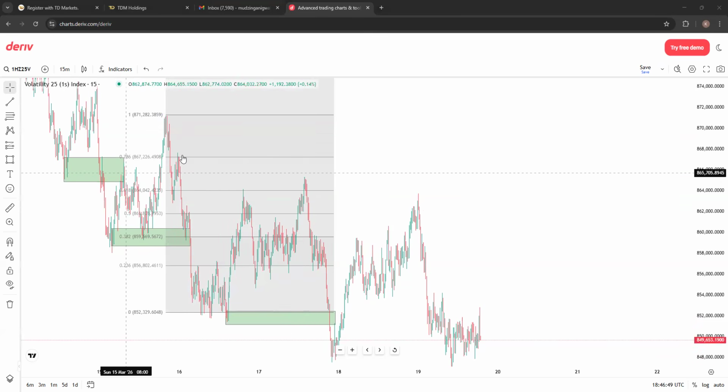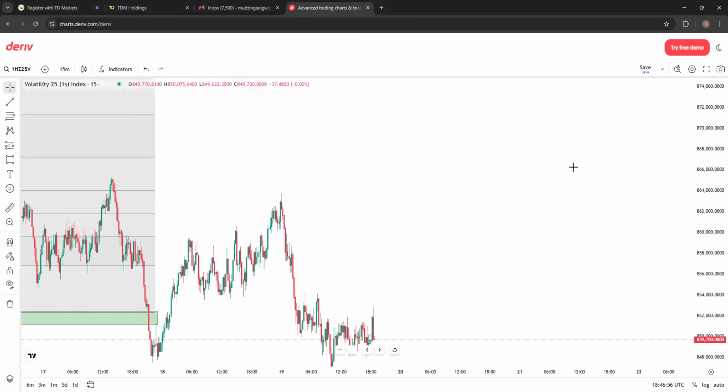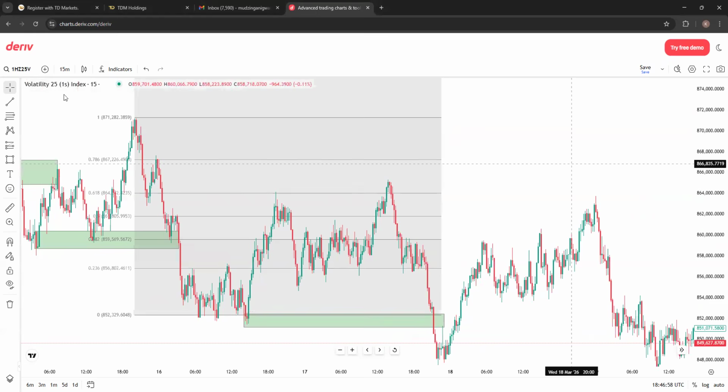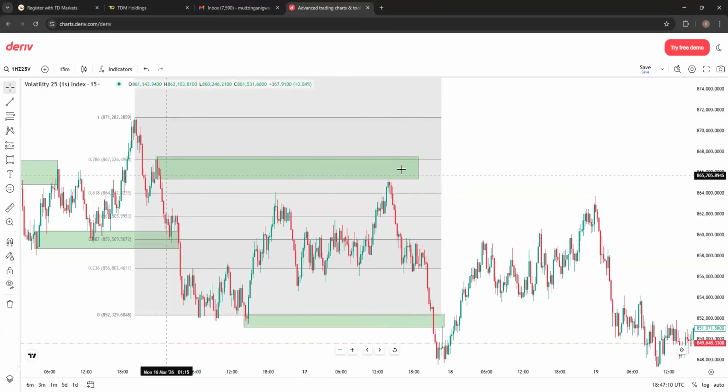So let's say in this example, let's see what price did. What you can see is we have a last buy before we sold over here. If we mark it, price just came and tapped on the OB and then it fell.